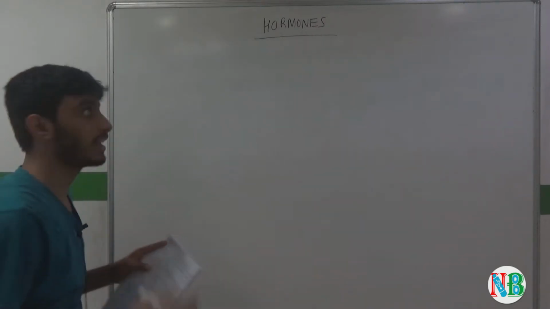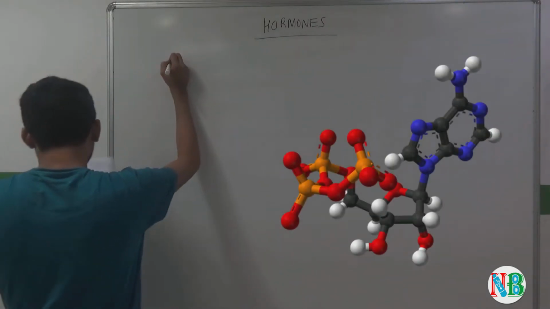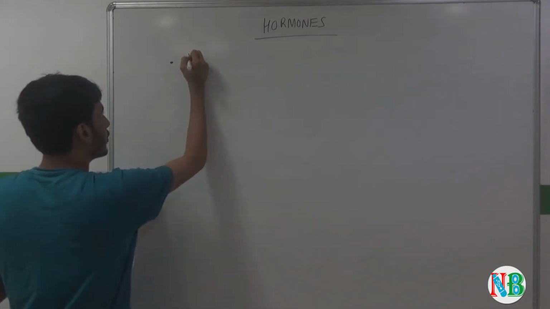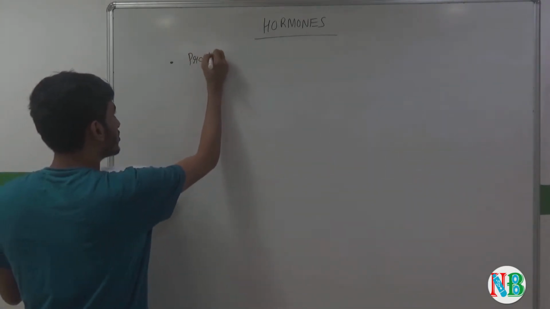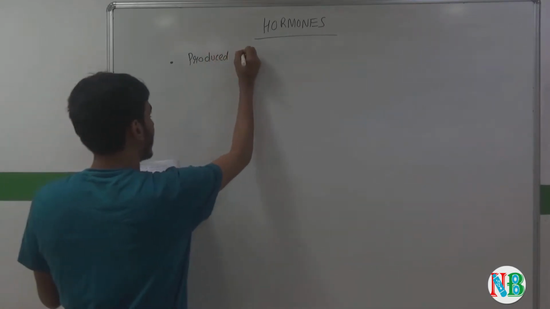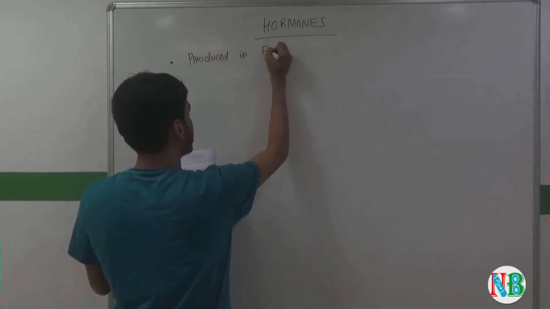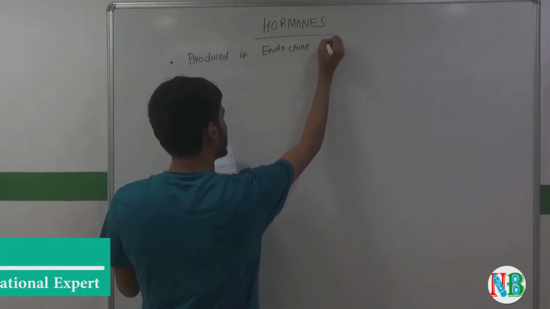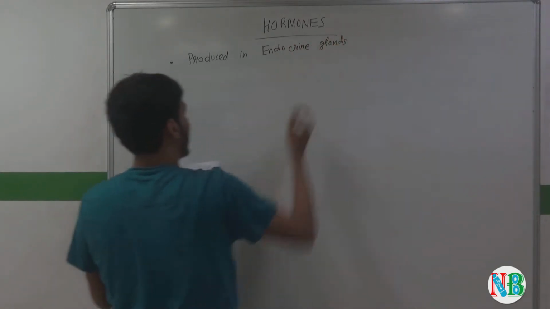Hormones. The first thing: they are also biomolecules. Definitely. Hormones are produced in the endocrine glands. You just have to know these facts.